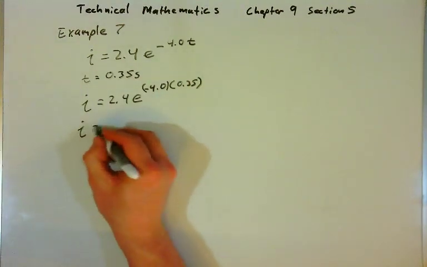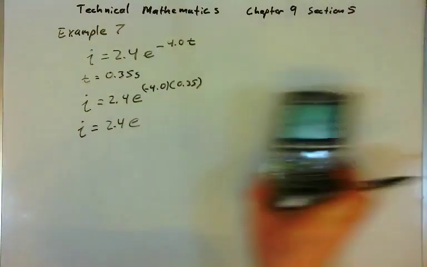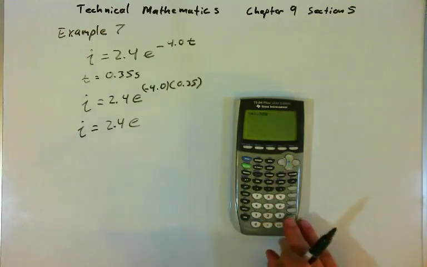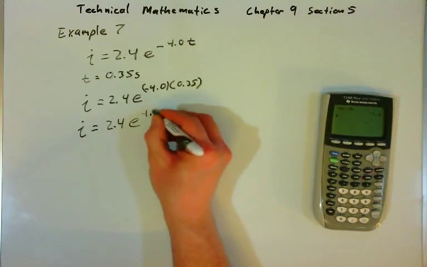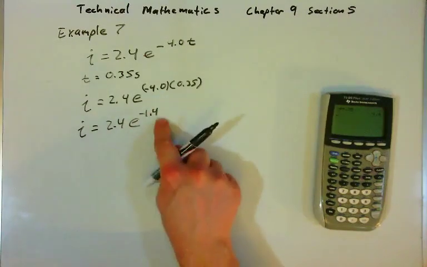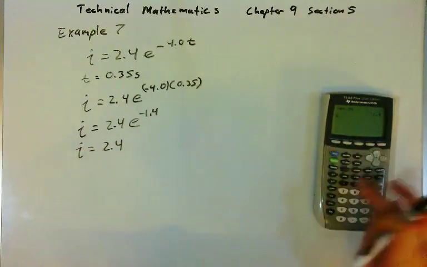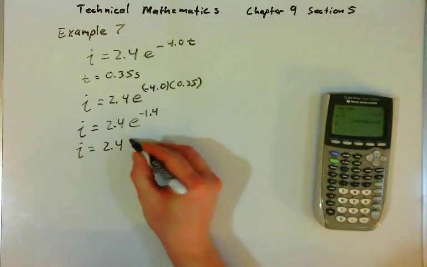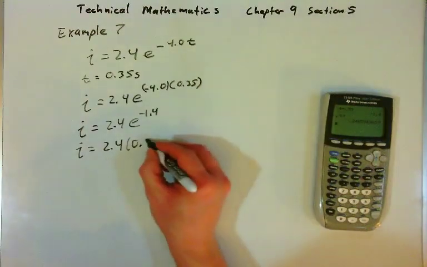And so we'll do the same thing that we did before. Work out the exponent first. So negative 4 times 0.35, and we get negative 1.4. Now work out e to that power. So we'll take e to the negative 1.4 power, and we get 0.247.